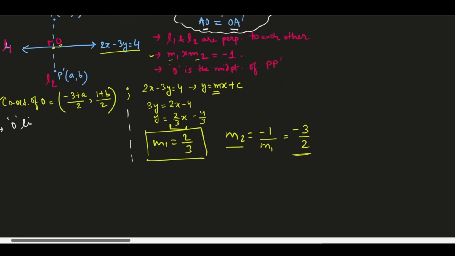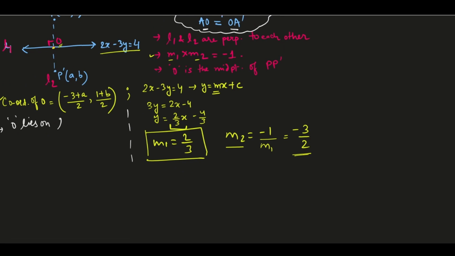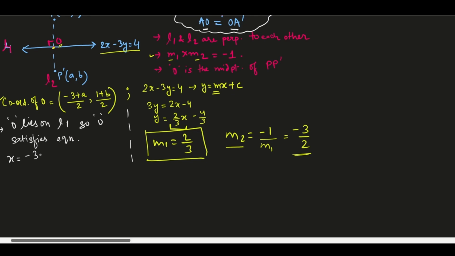O lies on L1, so O satisfies the equation. This means x is (-3 + a)/2 and y is (1 + b)/2.